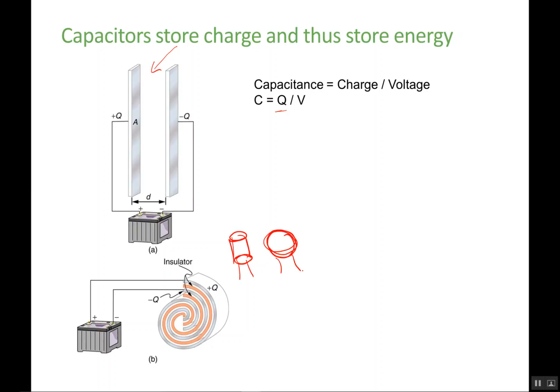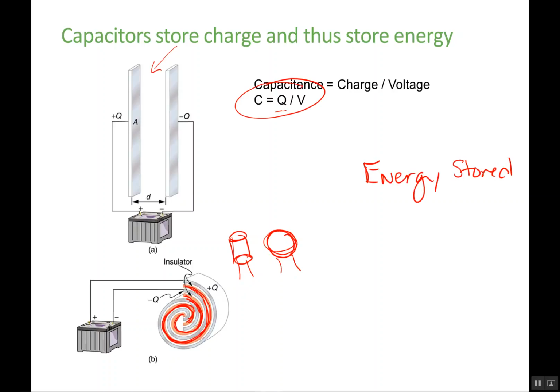But they all function in about the same way, and they consist of two conductors separated by some space, and usually that space is occupied by some insulator, which helps to enhance the capacitance of the capacitor. In essence, the insulator lowers the electric field for a given charge separation, allowing more charge to be stored at a given voltage, i.e. bigger capacitance.